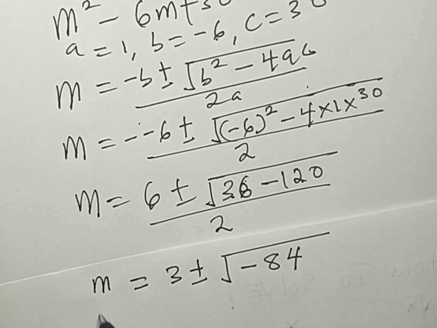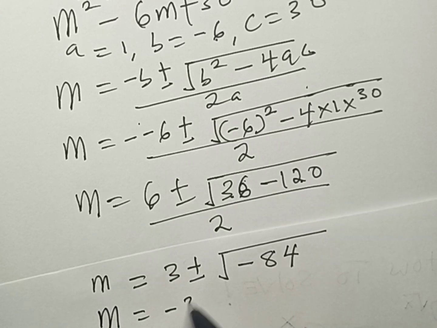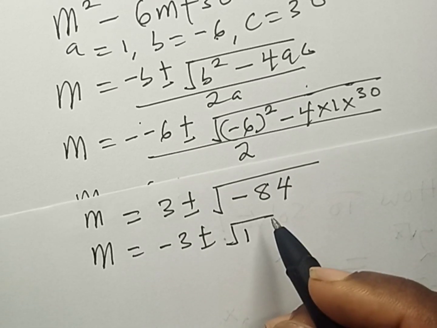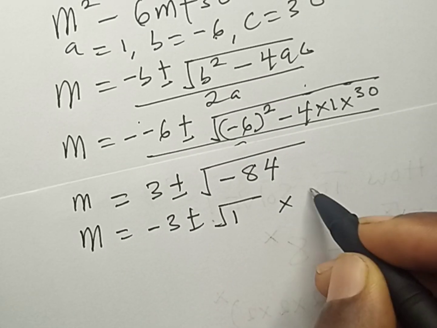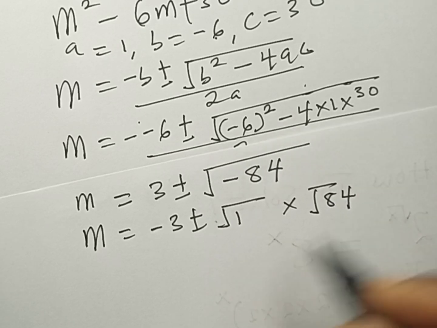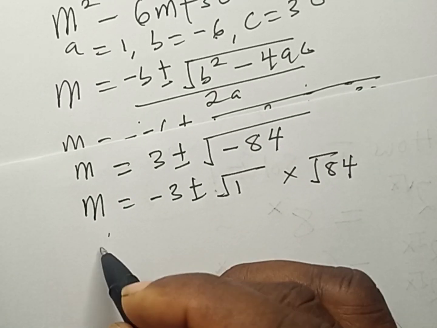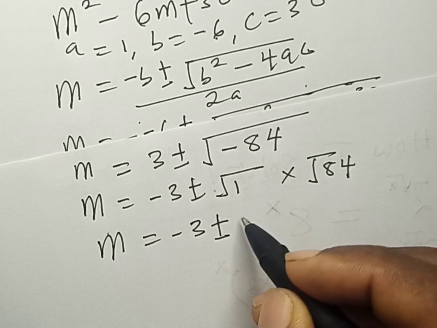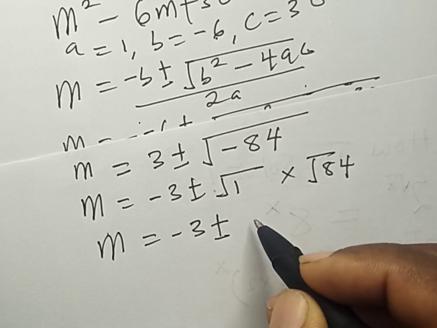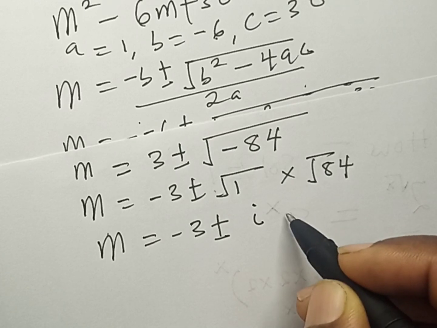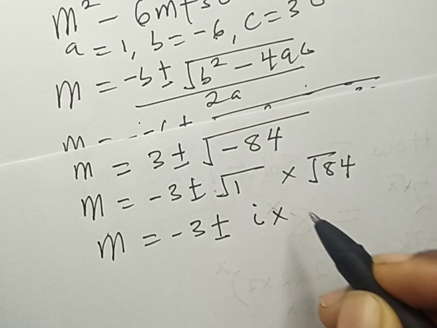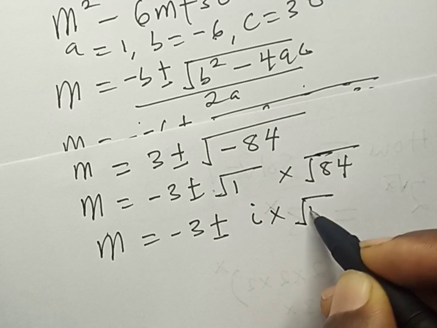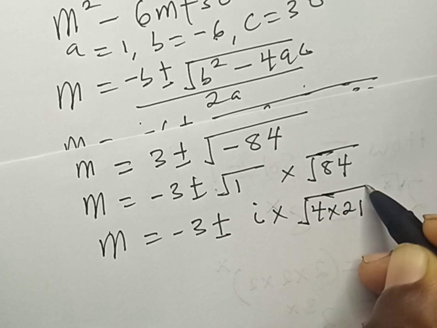So m becomes 3 plus or minus root of minus 1 times root of 84. So m becomes 3 plus or minus root of minus 1 is i, so we can put i here from complex number, times root of 84, which can be expressed as root of 4 times 21.